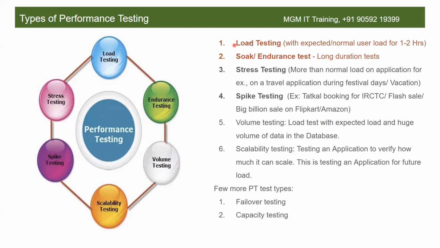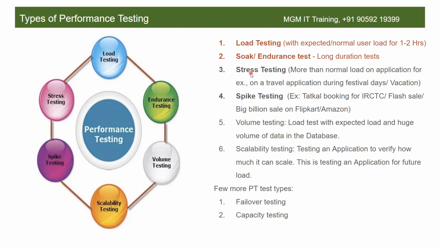The next type is soak or endurance testing, which is a long duration test. The general meaning of endurance is durable, more duration, isn't it? So these long duration tests are called soak or endurance tests.